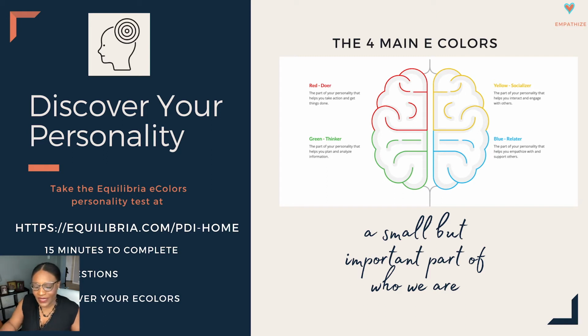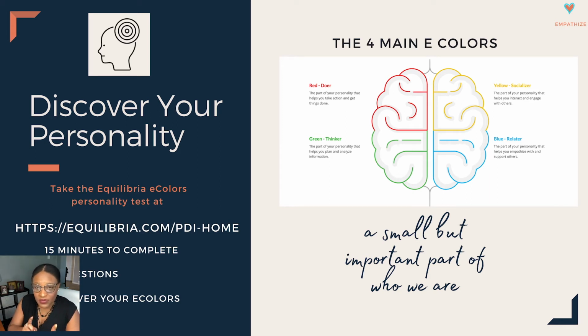And don't put too much weight on your personality. Don't think that because I am an X or because I am a Y, it drives my entire belief system or my entire behavior around X, Y, and Z. No, it does make up a component of why we do things and how we do things, but it is not the complete picture. There are other components to it.